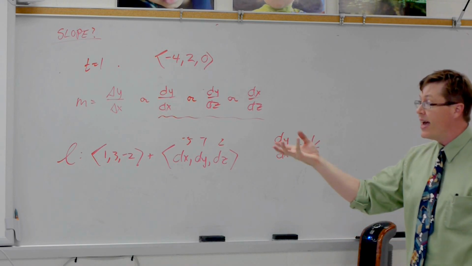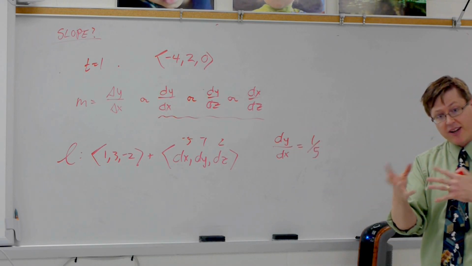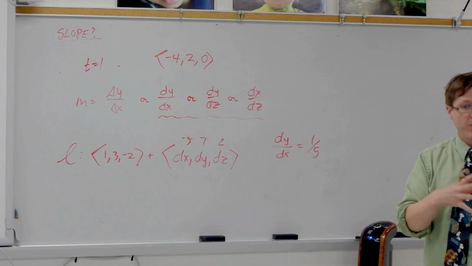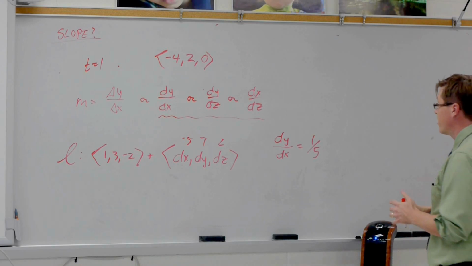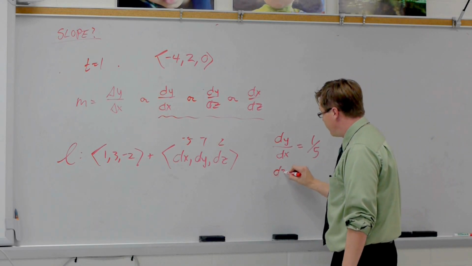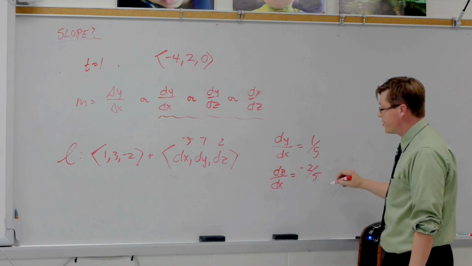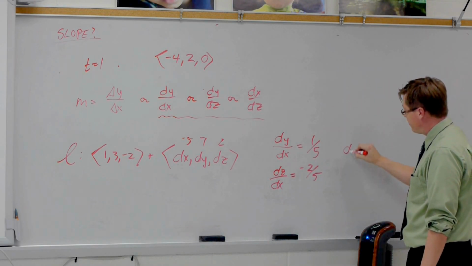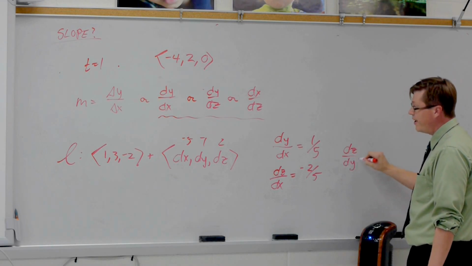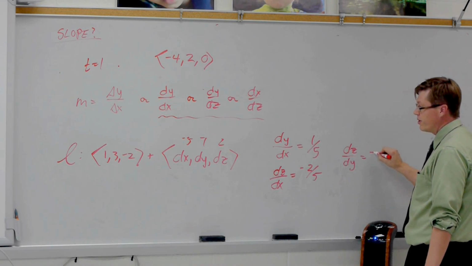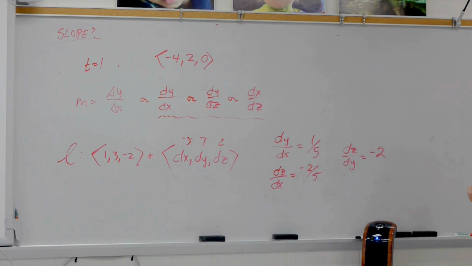Yeah, that's right. And if you did it the other way and eliminated x, you could get the relationship between y and z. dz over dx as a slope is -2/5, and dz over dy as a slope is -2.